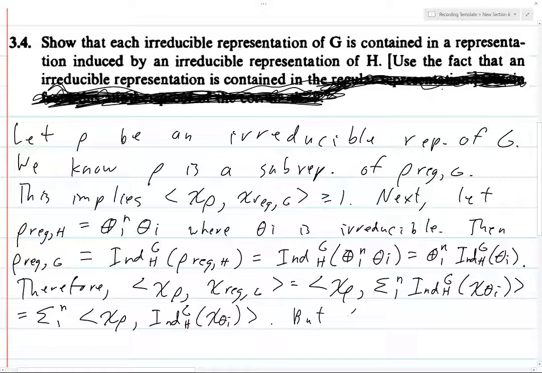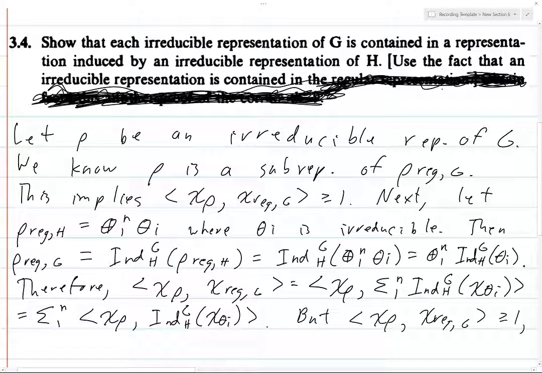But chi rho, yeah, this is probably the best way to do it. But chi rho chi reg G is greater than or equal to 1.